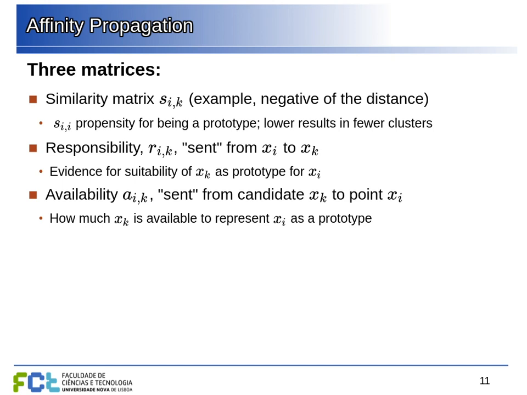So if we have a higher value in the diagonal of the similarity matrix, we have a higher propensity for our points to be prototypes representing clusters, and we will have more clusters.